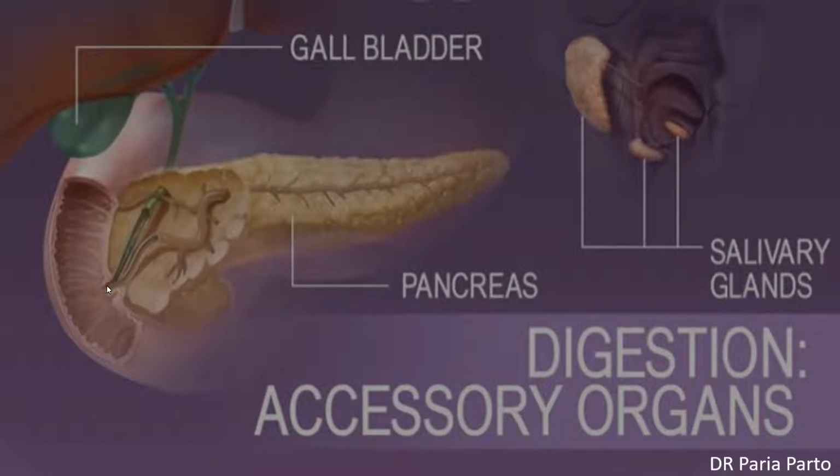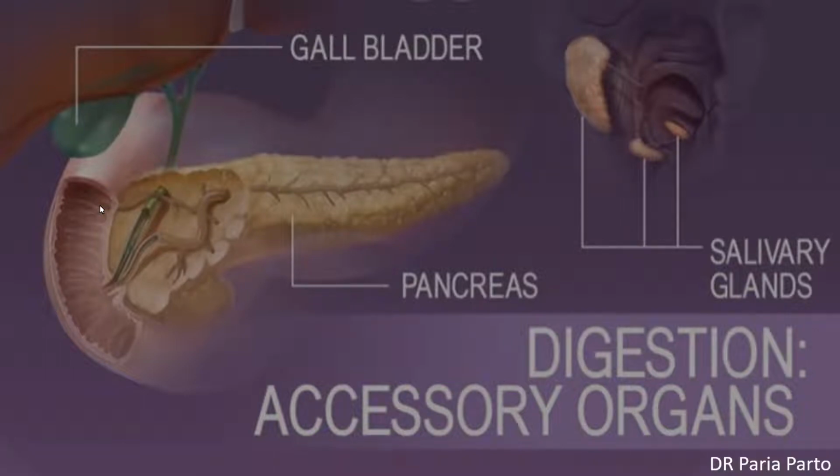The entrance of the hepatopancreatic duct to our duodenum is controlled by the hepatopancreatic sphincter or Oddi sphincter here. So all the time we don't have secretion of hepatopancreatic ampulla to our duodenum. But our pancreas has the other duct, which we call accessory pancreatic duct.